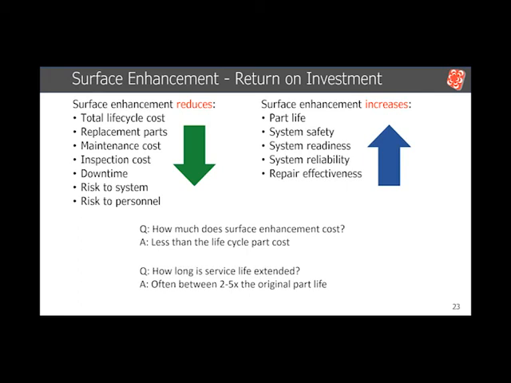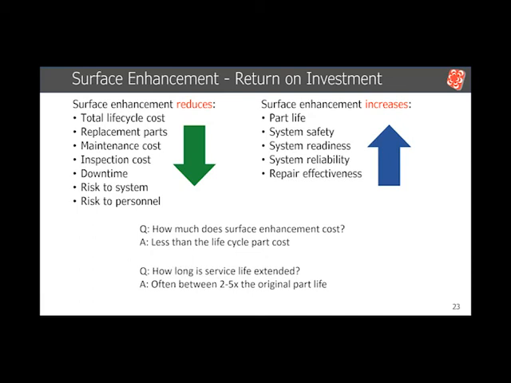Reduce maintenance cost or inspection cost, as we had seen earlier today. Those are certainly important parts. Eliminate or mitigate downtime, as I had talked about with the Pilger dies. And basically just the risk to system and personnel. So we're making sure that people are in a much safer environment, and we're making the world a safer place.